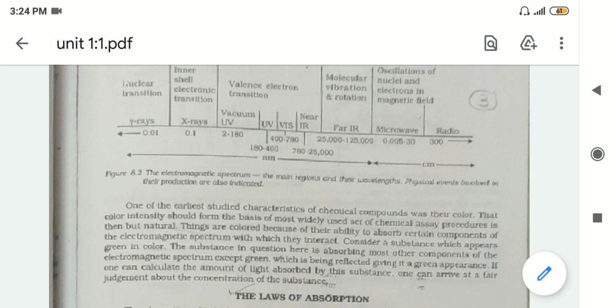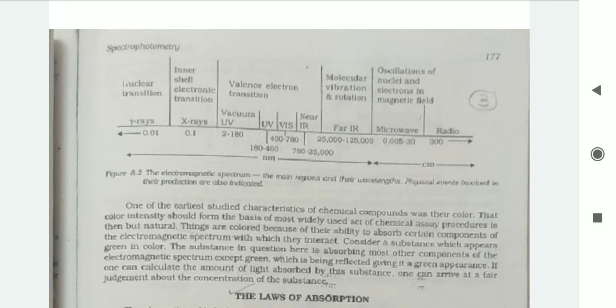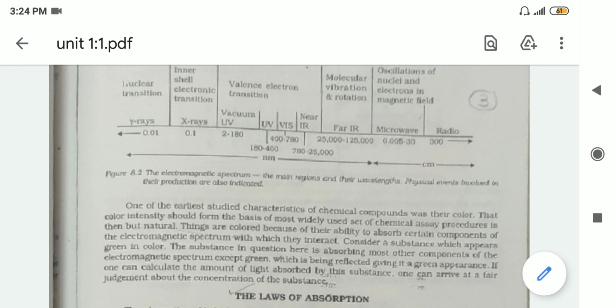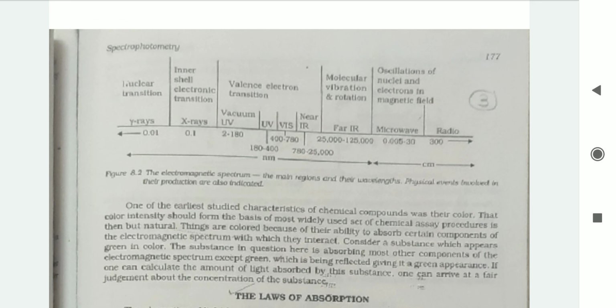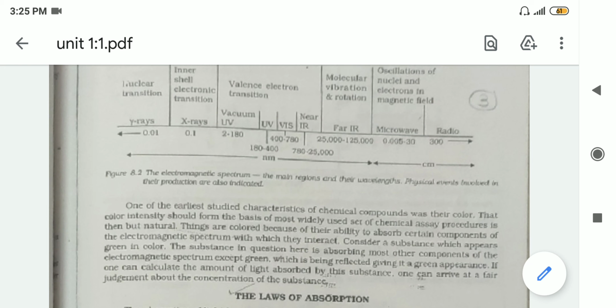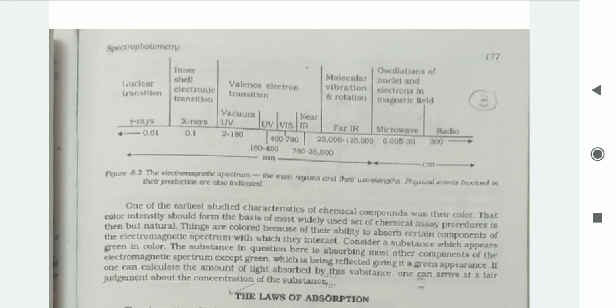We will come to this later on. Visible range is the light that we can see for our day-to-day work. Infrared light is also used for detection of chemical bonds in any unknown chemicals. The microwave and radio waves are widely used in microwave ovens and FM radios respectively.